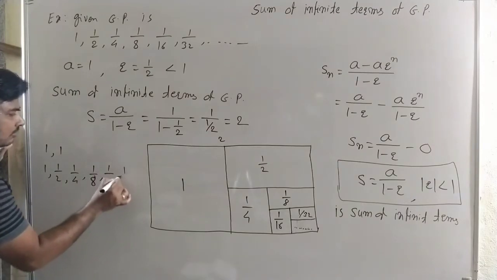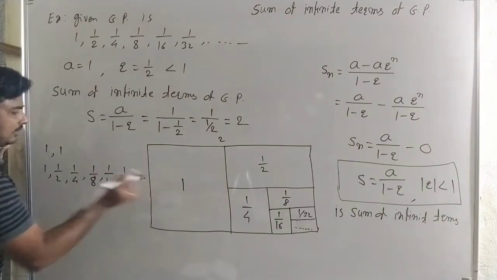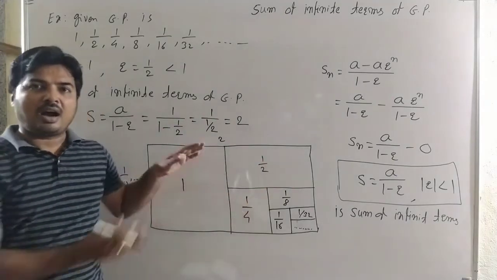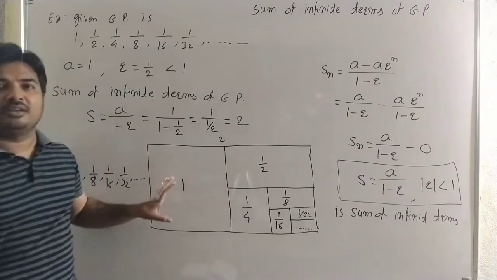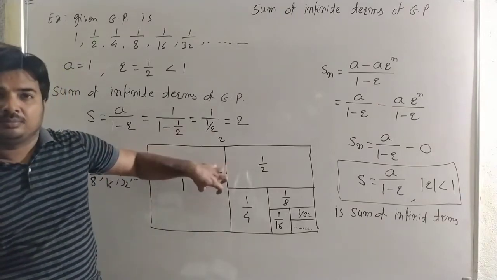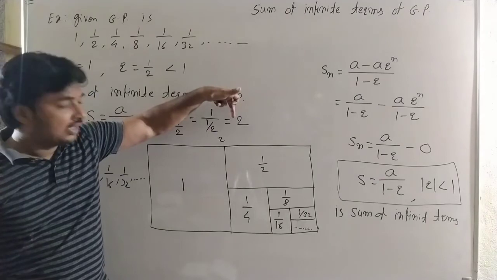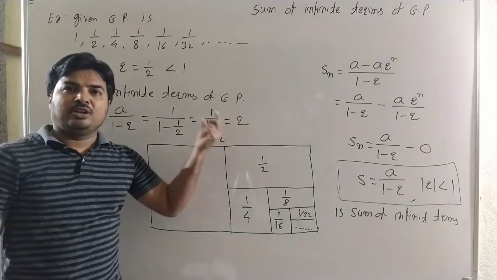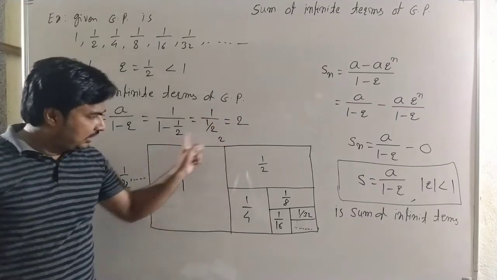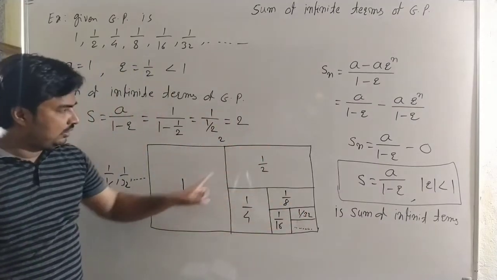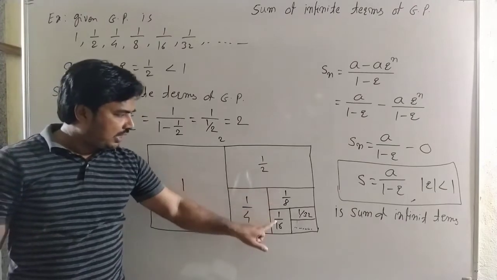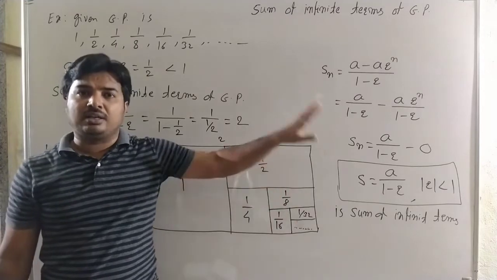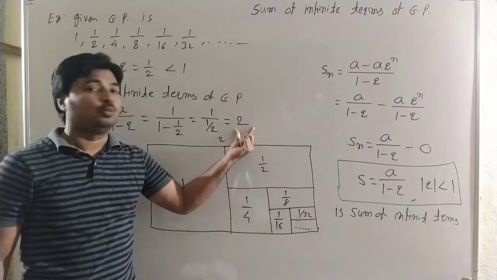But all the areas are in this original rectangle, and the area of this rectangle is 2. Therefore the sum of 1, 1 by 2, 1 by 4, 1 by 8, 1 by 16, 1 by 32, 1 by 64, up to infinite terms becomes 2.